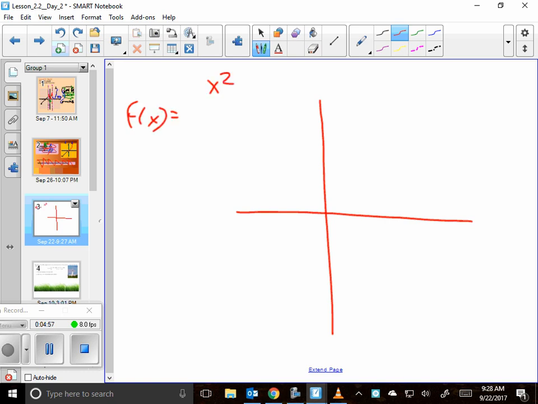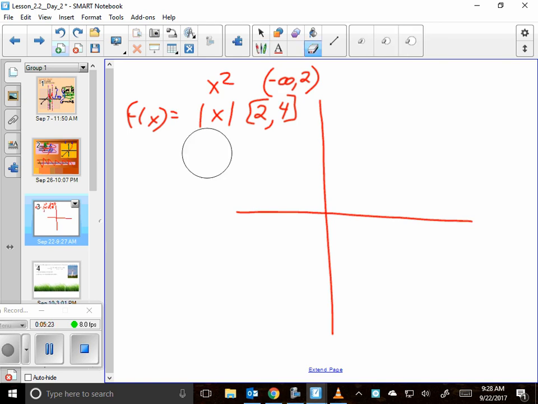F of x is going to be x squared between negative infinity and 2, it's going to be absolute value of x from 2 to 4, and it's going to be 3x. No, that'll be too big. It'll be x minus 8 from 4 to infinity. See if you can graph that one.